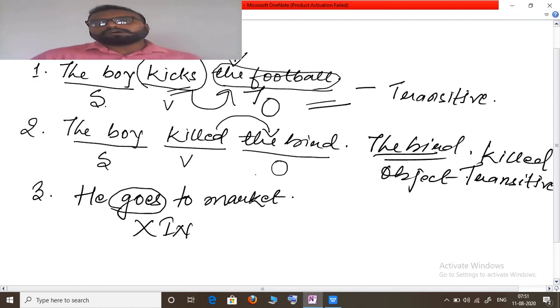We will not form the question with any other interrogative word. We frame the question with only one interrogative word, that is what. And if you get an answer, then that verb will be a transitive verb, and whatever you get as the answer will be the object.